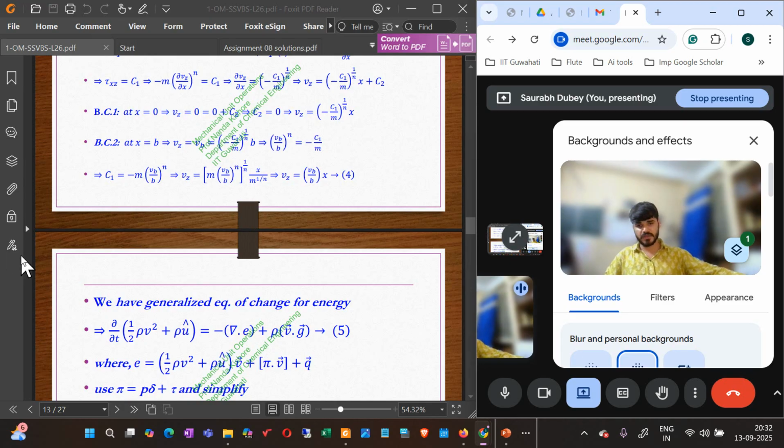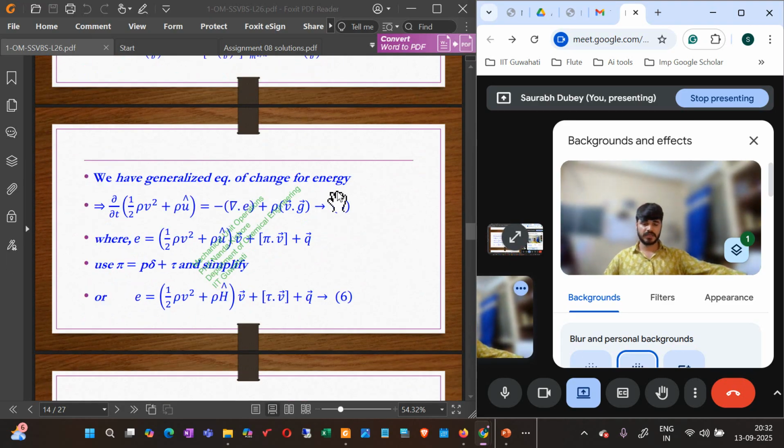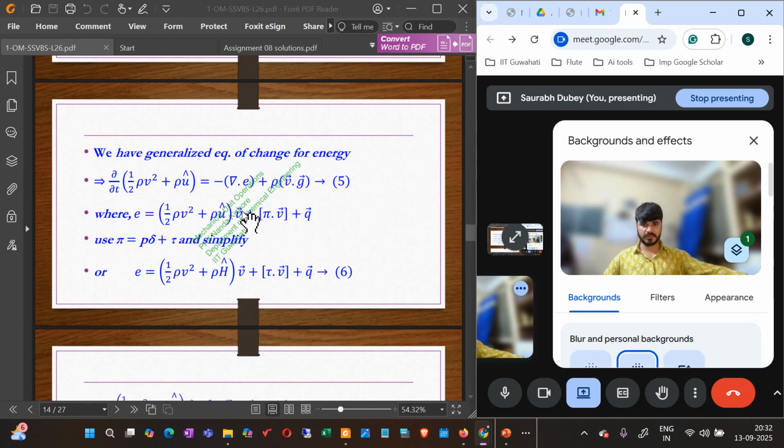Okay, we have the generalized equation of change for energy. This is the general equation of change for energy. And in this one, now you are having this non-Newtonian fluid, so in this general equation you are not using the mu times phi terms, because that was for the Newtonian fluid.